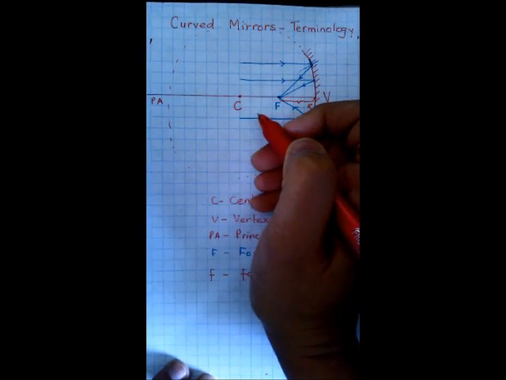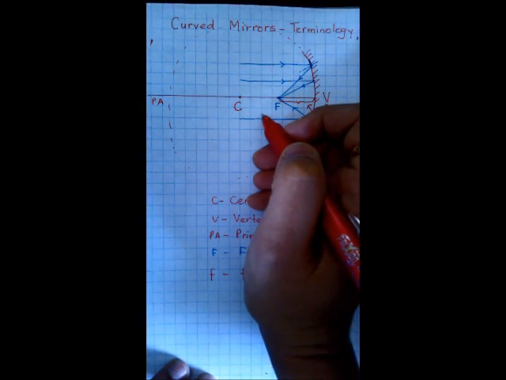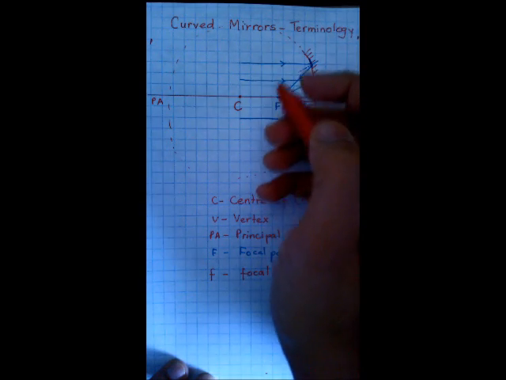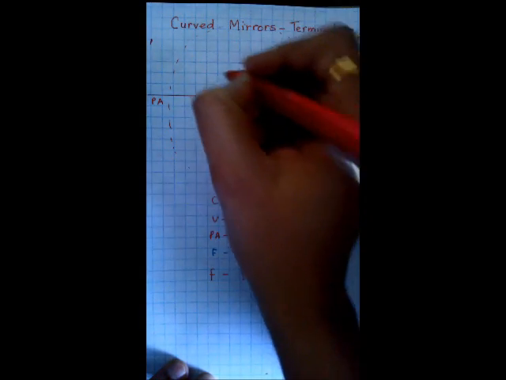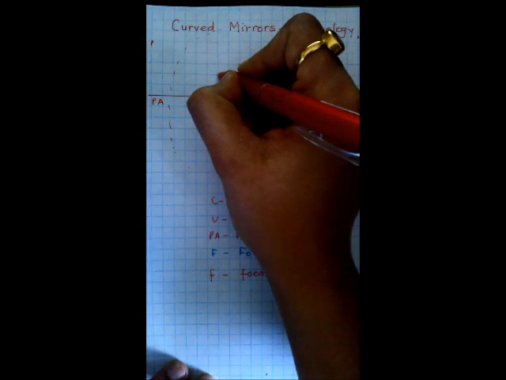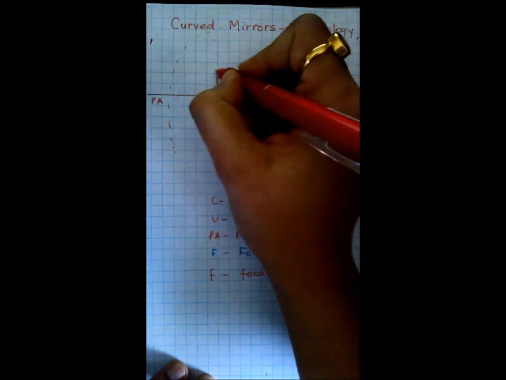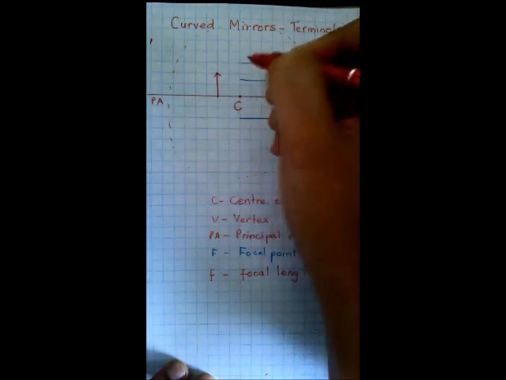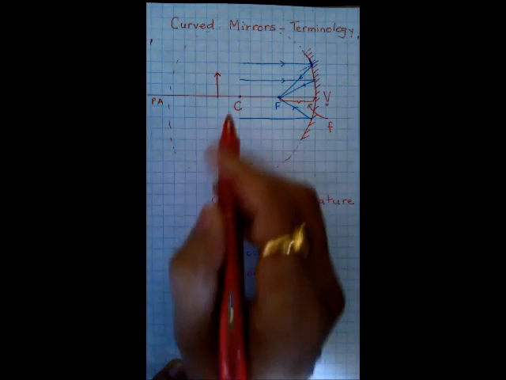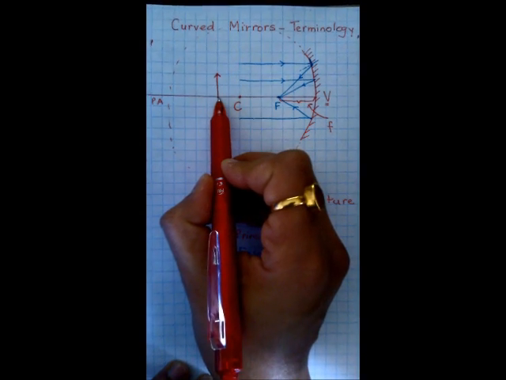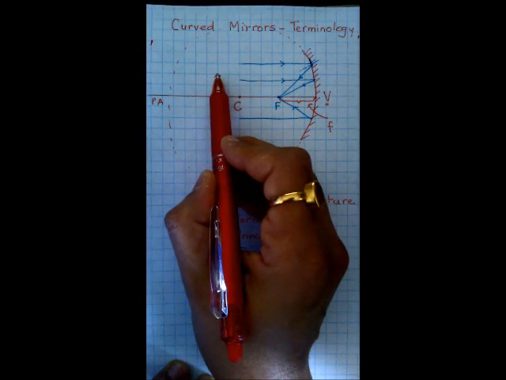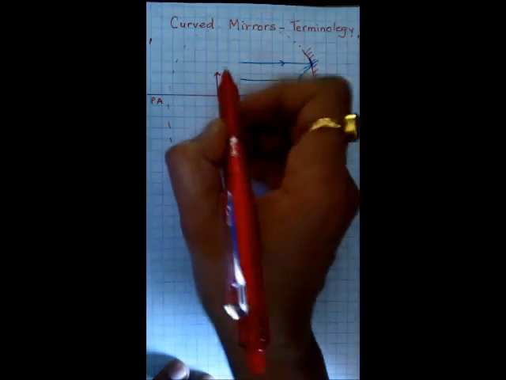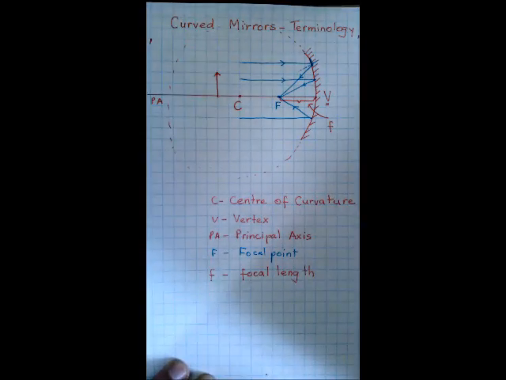It could be a building, it could be a tree, it could be a person, it could be a pencil, any object represented using an arrowhead. So if this arrowhead were to represent a tree, the bottom of the tree would be here and the top of the tree would be here near the arrowhead.